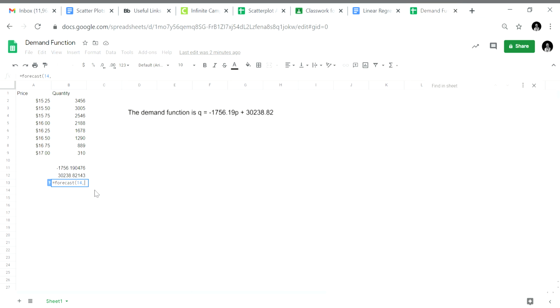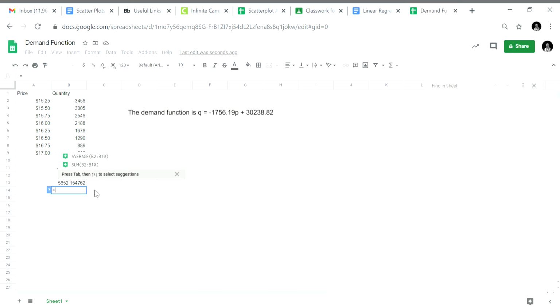And then you enter the data again, B2 to B9, comma, A2 to A9. And you can see if the price was lowered to that price, we would expect the demand to be 5,652 widgets.